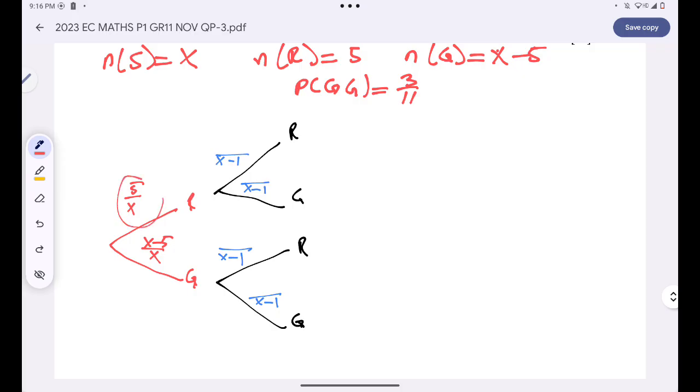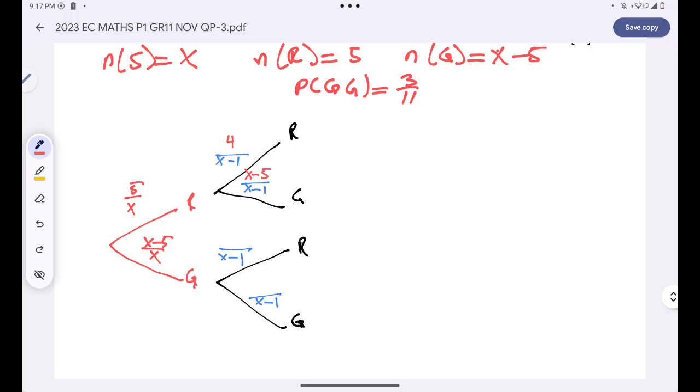If we selected a red ball first, that means we are only left with 4 red balls to choose from. But the number of green balls is still the same, so we will still have X minus 5 over here.